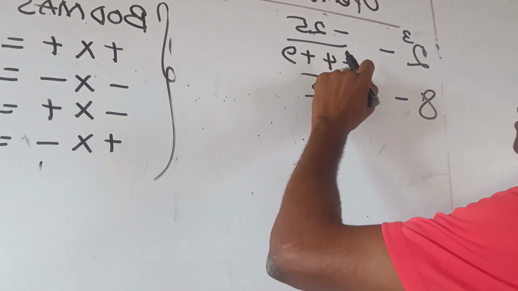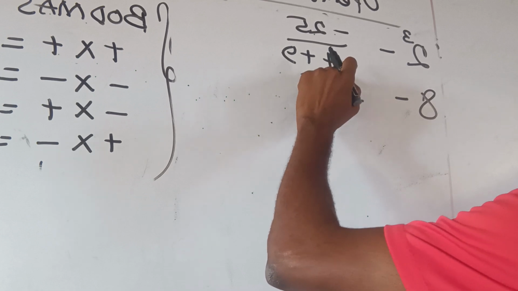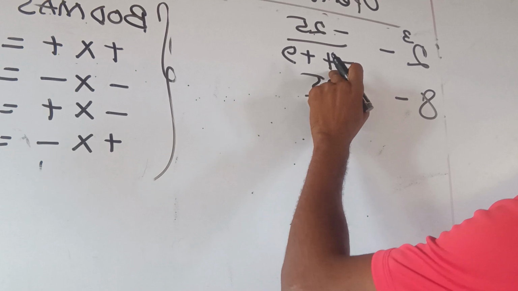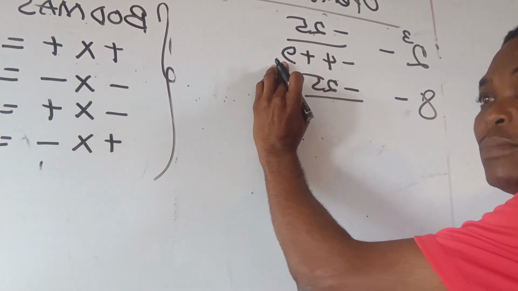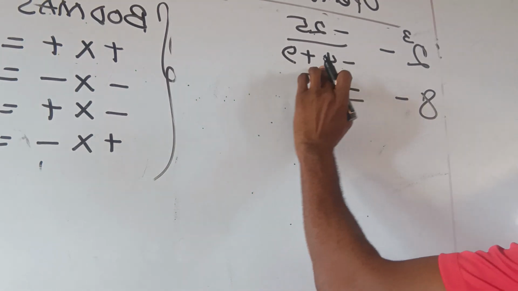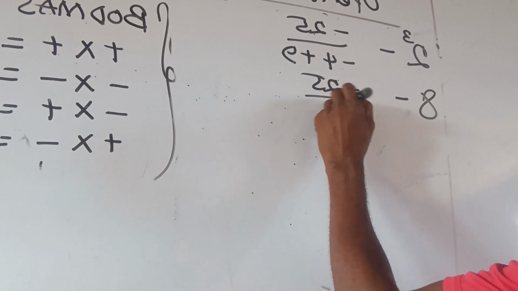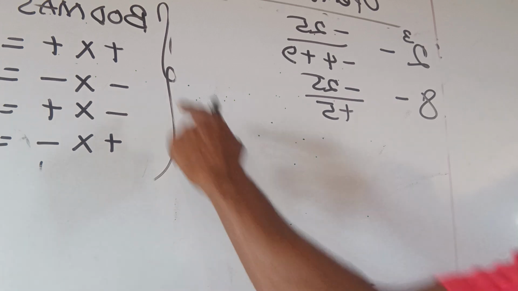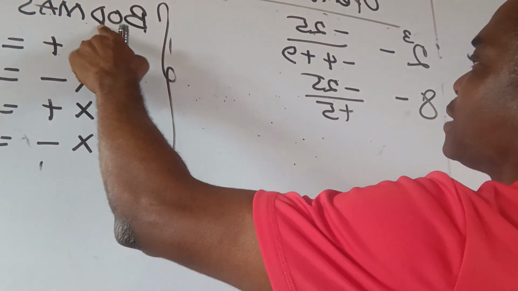I'm owing someone 4 naira, but I have 9 naira. If I'm able to pay the 4 naira, I should still have some money left with me. So minus 4 plus 9 is plus 5. Don't forget, division is coming in place.